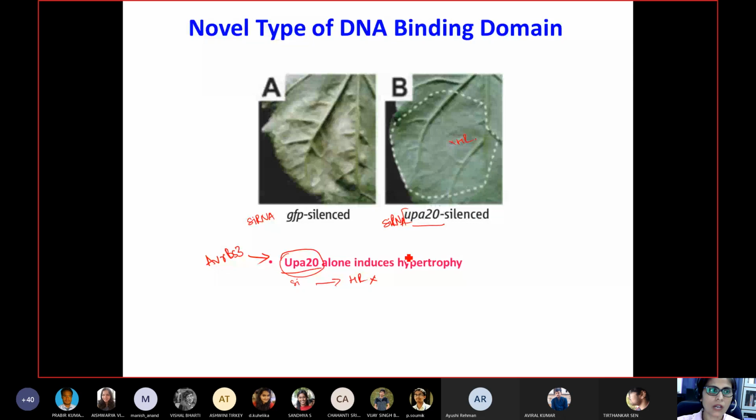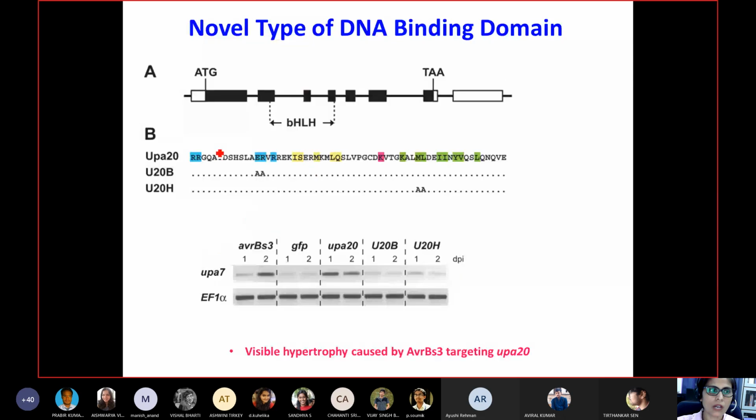Further, they made certain mutations. What you see here in figure A is the UPA20 gene, where you have exons 1, 2, 3, 4, 5, 6, 7, and then the intronic region. Secondary structure analysis showed that it has a helix-loop-helix motif. The first helix is shown here, the loop is shown in pink, and the second helix is shown in green.